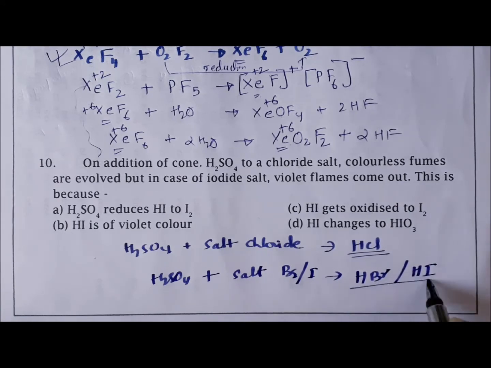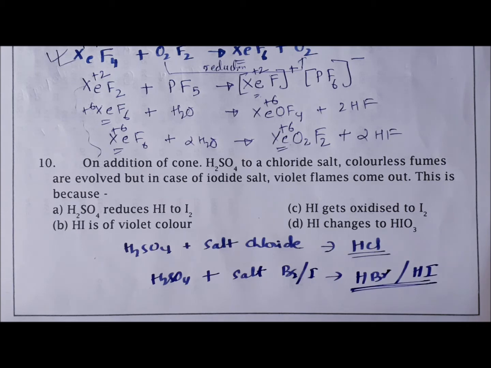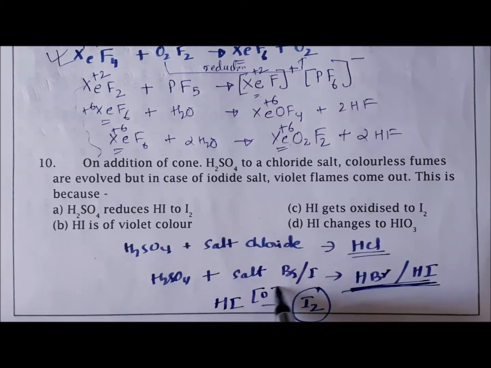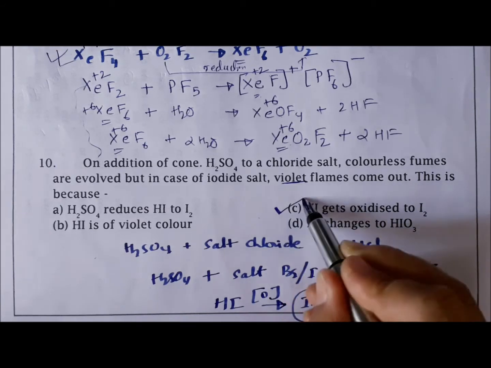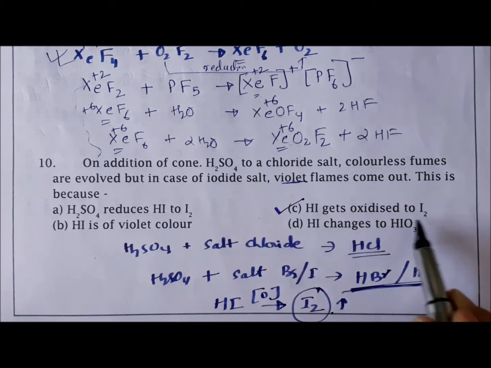These two are strong reducing agents, and they themselves get oxidized to I2. This I2 is coming out, and because of this you are getting the violet fumes. So the correct option is option C, HI gets oxidized to I2.